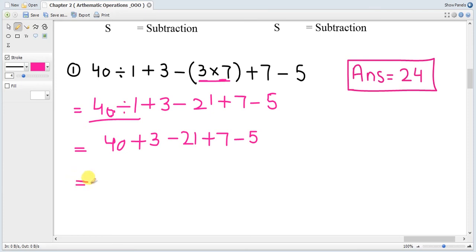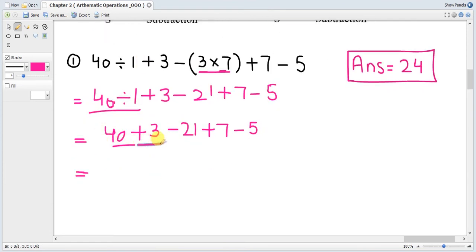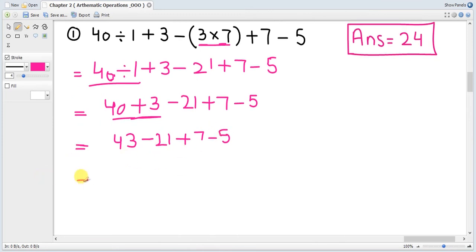Now we have plus and minus in the equation, so we solve addition first. 40 plus 3 will give us 43. Write the remaining equation as it is, minus 21 plus 7 minus 5. Again we go for addition first according to the PEDMAS or BODMAS rule, so we solve 21 and 7, but also focus on the sign of 21.